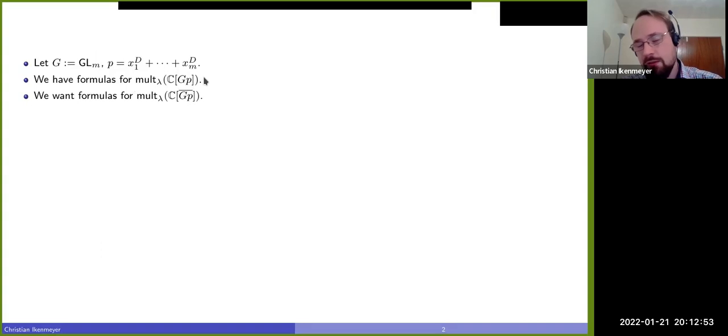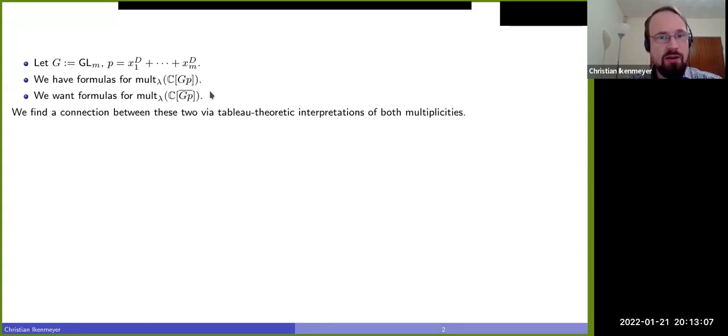I'm not going to explain now what that actually is, but there's this notion where we do have formulas, and we want formulas for the multiplicities on the coordinate ring of the orbit closure. I'm not going to define this here at the moment, but this paper gives a connection between these two notions using a tableau theoretic interpretation of both multiplicities.